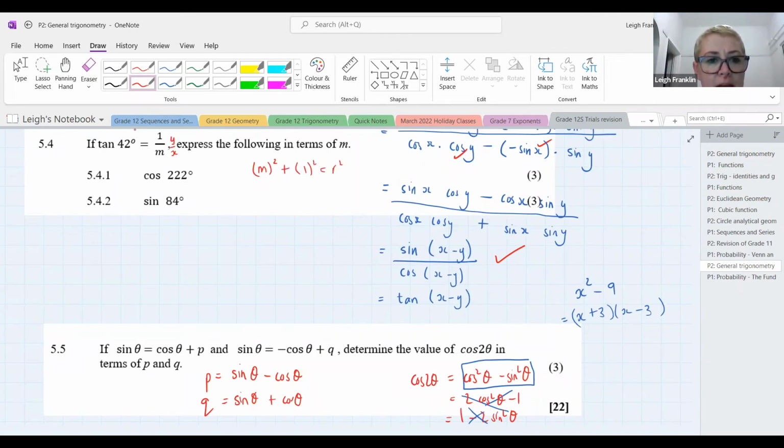So that means that r squared is going to be m squared plus 1. In other words, r is going to be the square root of m squared plus 1. That's the first thing. So did you get r is equal to root m squared plus 1?